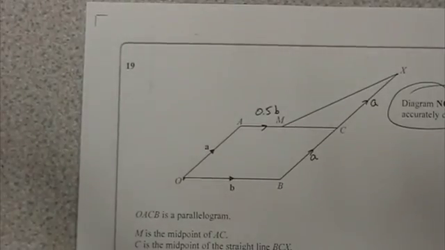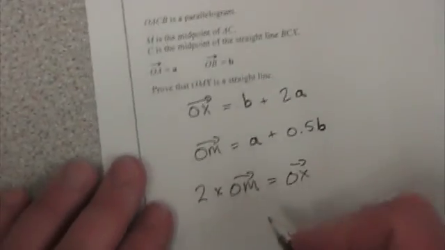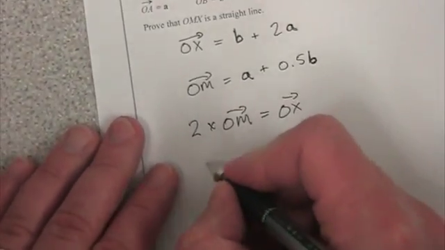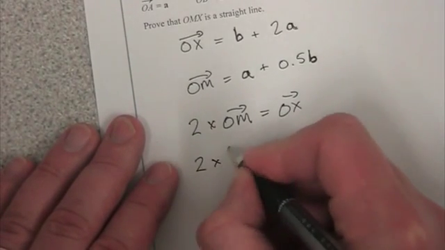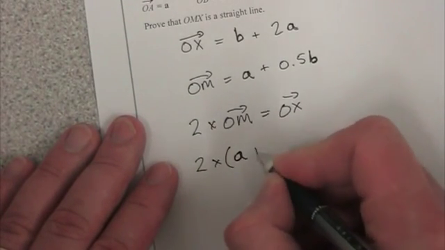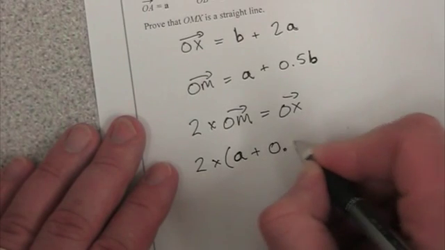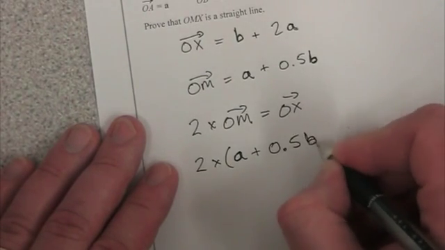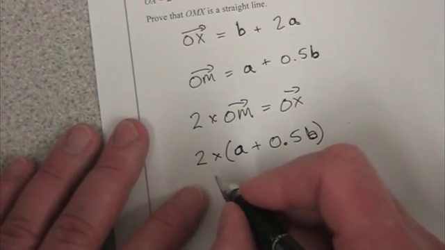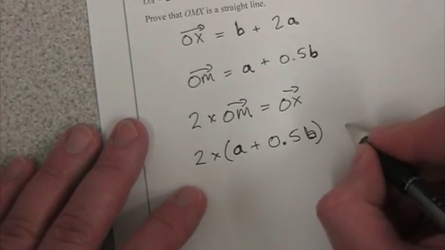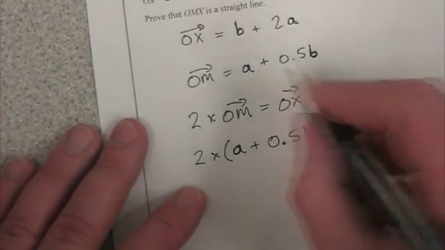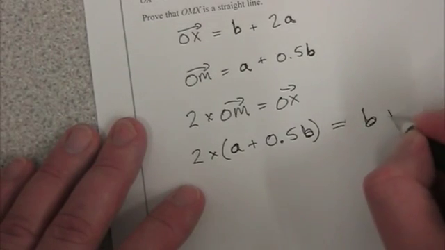And then that will prove that it's a straight line. So I'm going to do 2 lots of OM. So that's 2 times A plus 0.5B. And we're seeing if it equals OX, which is B plus 2A.